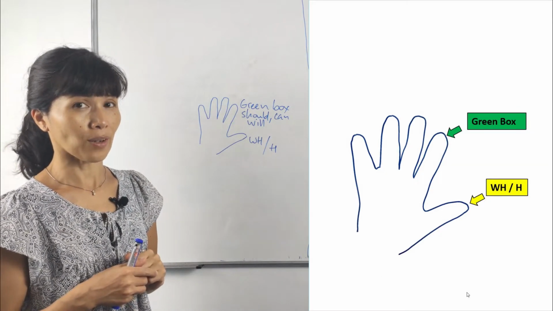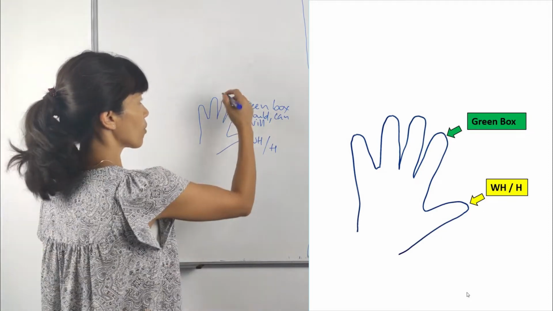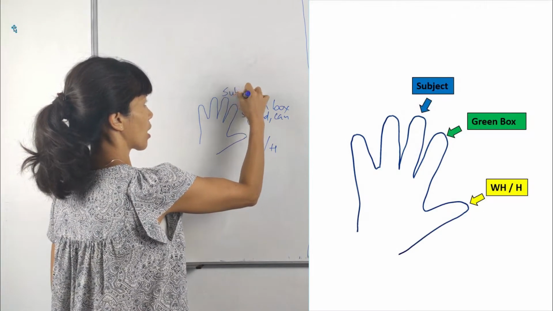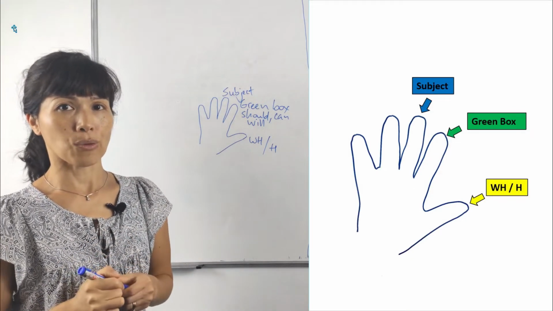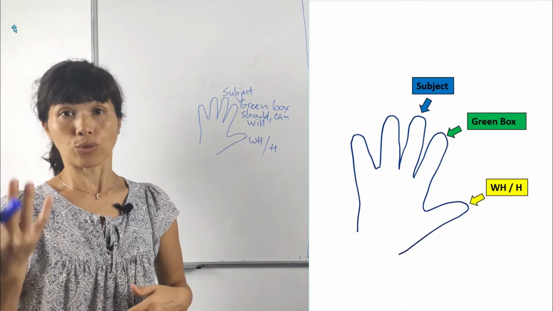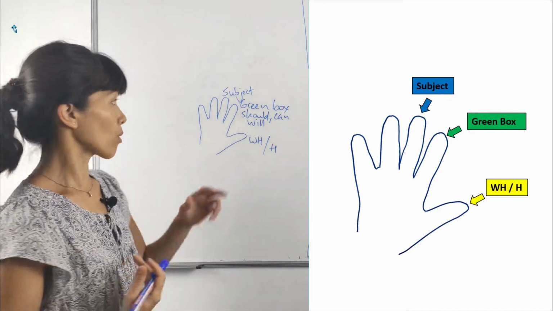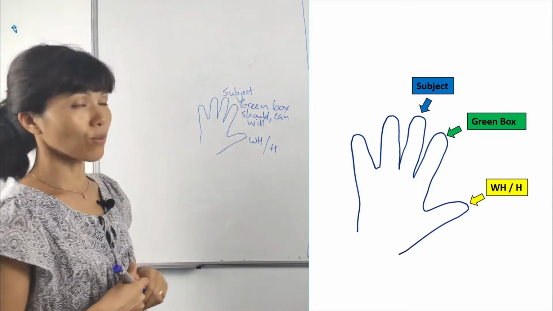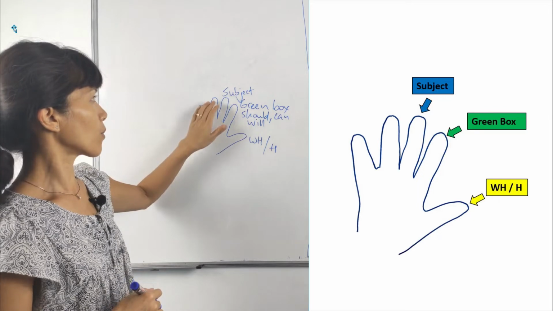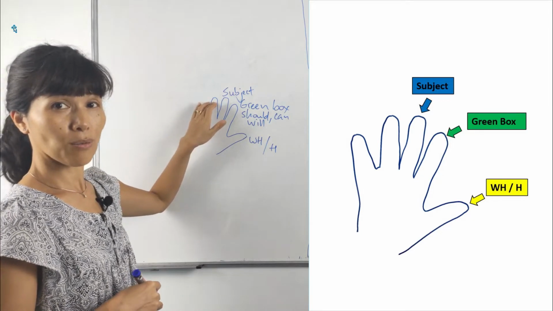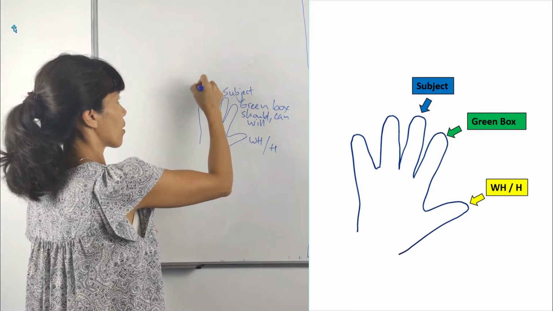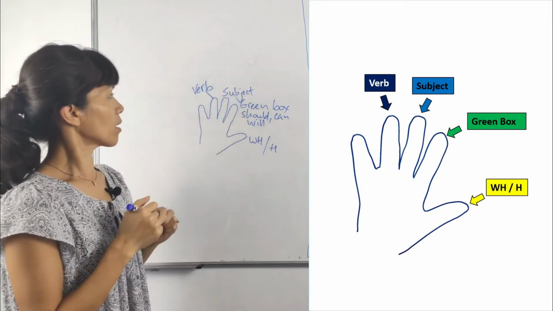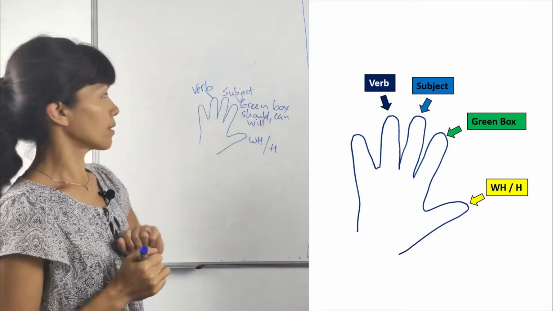Now, what do we have on the middle finger? So the middle finger will be for the subject. So subject, I, you, we, the children, who are you talking about? So you put the subject here on the middle finger. And what comes next is the ring finger. So you will put the verb here on the ring finger, right?